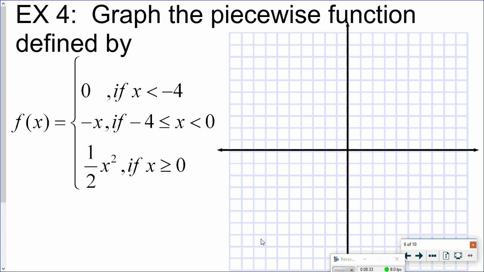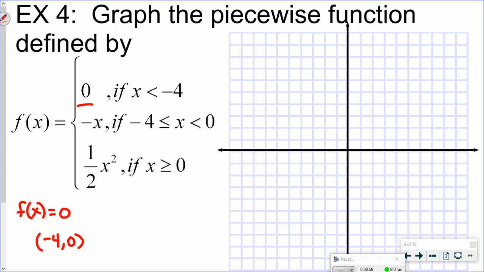All right. So my first one is f of x equals 0. So that's a horizontal line at 0. And then my starting point is -4. So -4, 0.